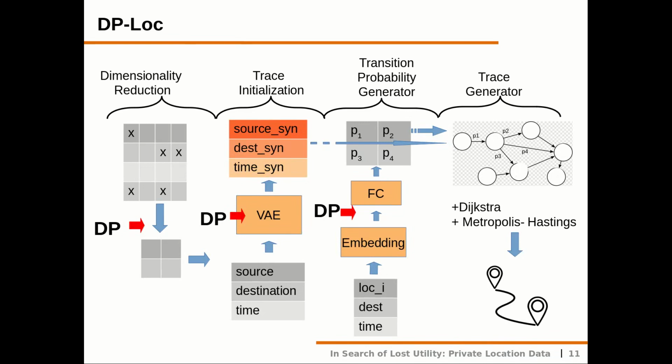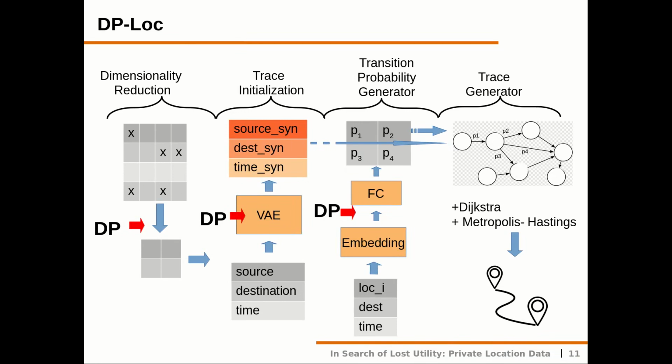So in the first part, dimensional reduction, we introduce some Gaussian noise, and then the variational autoencoder and the transition probability generator models were both trained with DPSGD, the differentially private stochastic gradient descent. So the training of both of these algorithms is differentially private, thus using the already trained algorithms later is going to guarantee differential privacy.